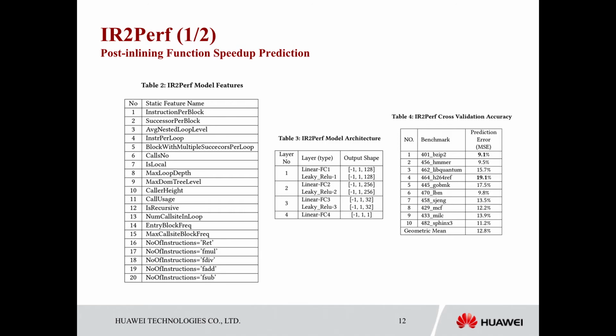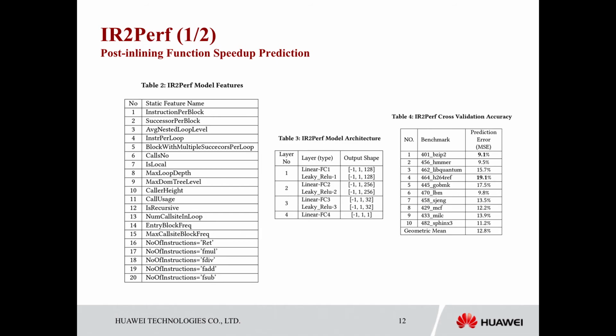Also, we provided a few features on the IR2Perf side to guide the model towards its target, which is the speedup with respect to its baseline, so that these two together provide a proxy for the problem you mentioned. But it's always the case that we might have a noisy estimate of cycles per function, because it is a really difficult problem.